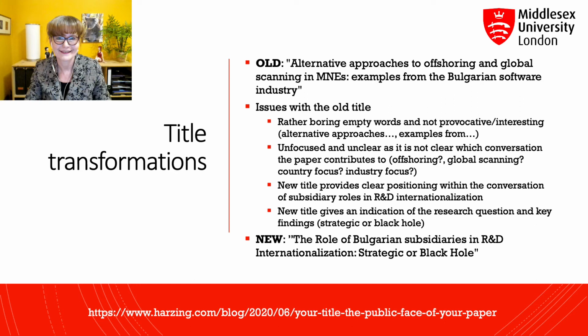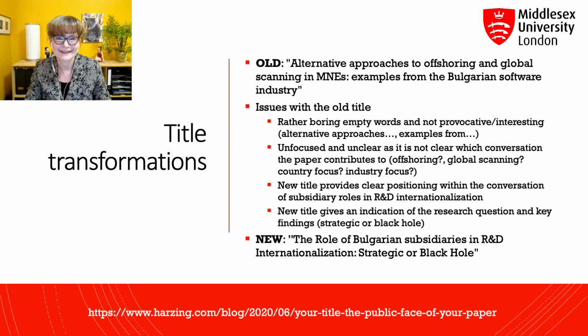And here is another example from an original title that is probably too long, includes too many nouns, vague words, and overall is a little boring, to be honest. Alternative approaches to, examples from, it doesn't really excite the reader. Even more importantly, the contribution of the paper and the conversation that it contributes to was unclear. It talks about offshoring, about global scanning.